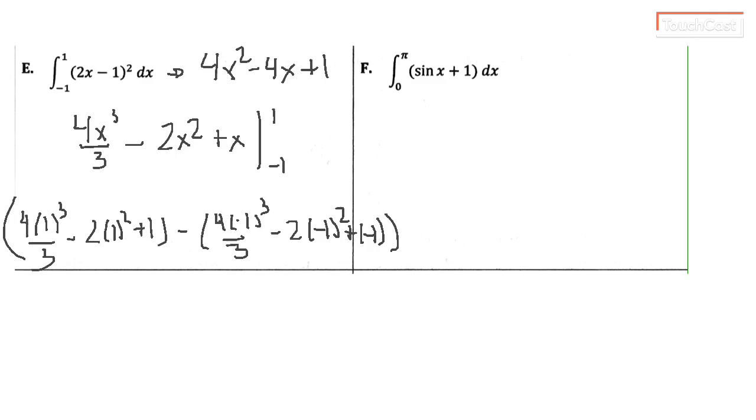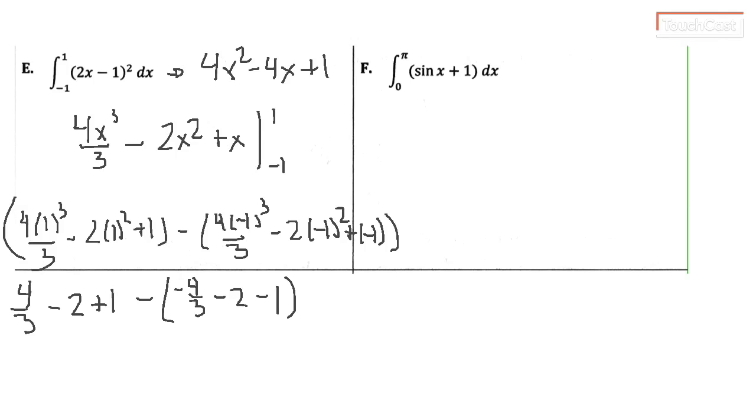Well, 1 cubed is 1, so we're going to have 4/3 minus 2 plus 1 minus negative 1 cubed is negative 1, so negative 4/3 minus 2 minus 1.